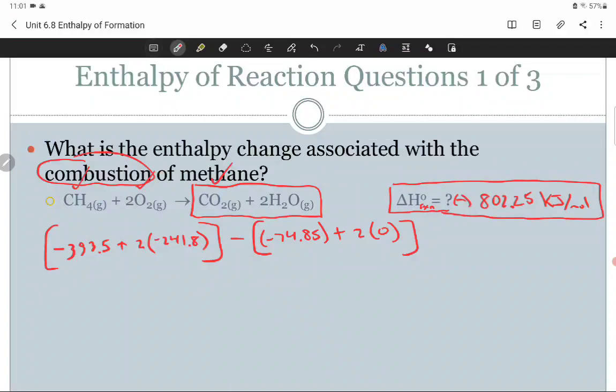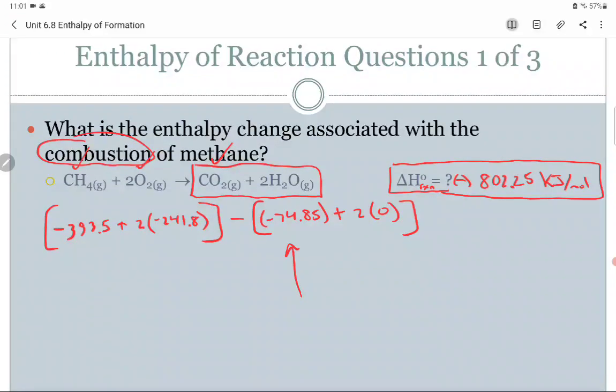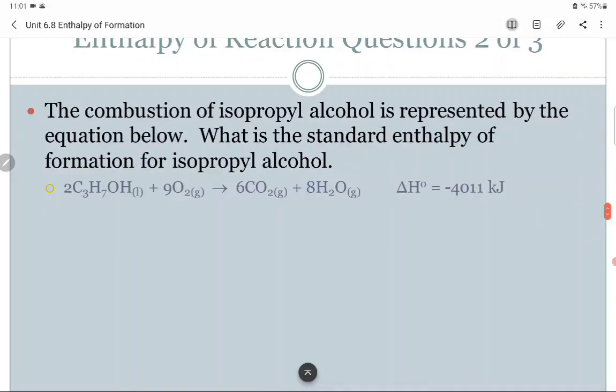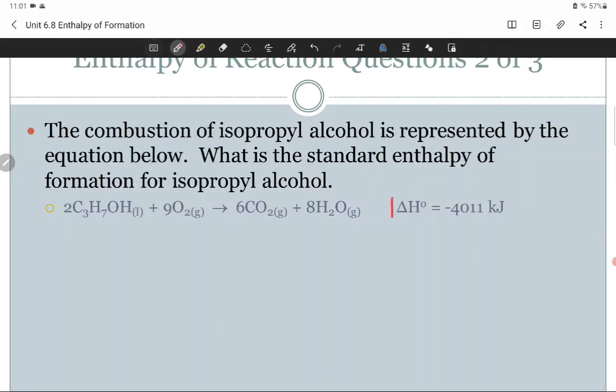So that time we solved for the delta H for the reaction. But you could also be given the delta H for the reaction and then solve for maybe one of these individual parts instead. And that's what we'll do for this next one. So the delta H again is given to us for the reaction, but what's not given to us is the formation value of isopropyl alcohol.